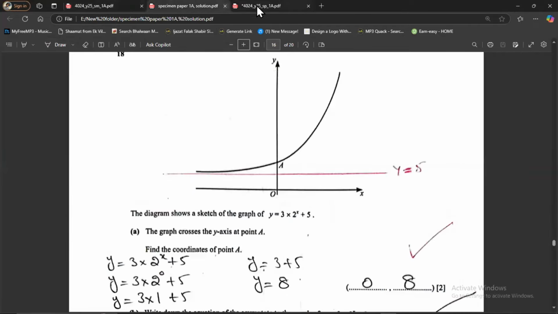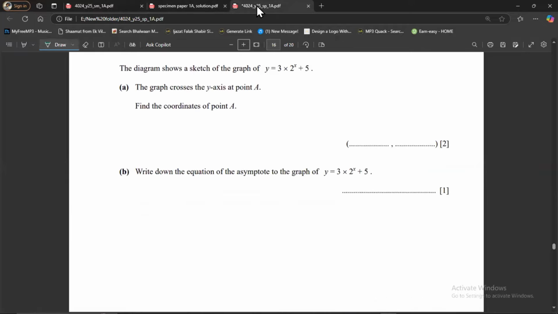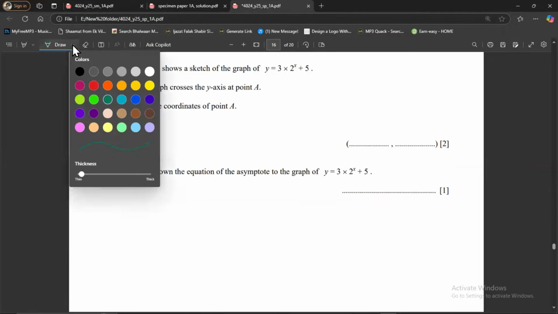So then we have the next part of this question. You can see, write down the equation of the asymptote to the graph of this. You see this word asymptote. This is a brand new word which is being used here. So my dear students, let me change the color. This word is very important.